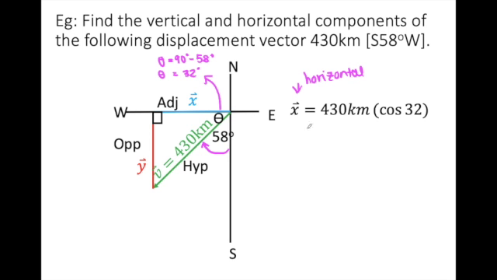So you're going to take your vector, 430 kilometers, and then times it by the cos of 32. So you should get 364.66 kilometers. Make sure you put your magnitude in, and this should be west.